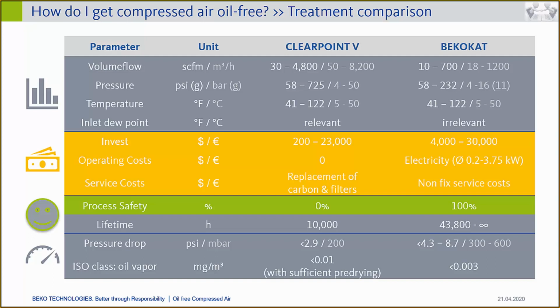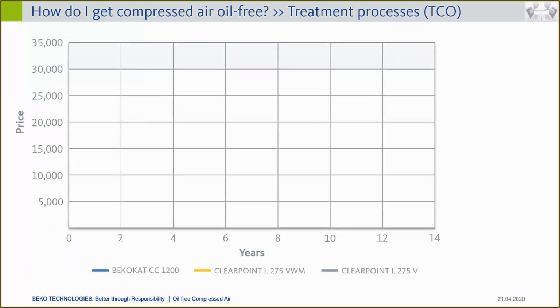And for that, we have prepared one table sheet. At the moment, this graph is only true for the European market, which is based on the price difference of BEKO-CAD between Europe and the US market. However, we will see a few graphs that will demonstrate the difference of the total cost of ownership.